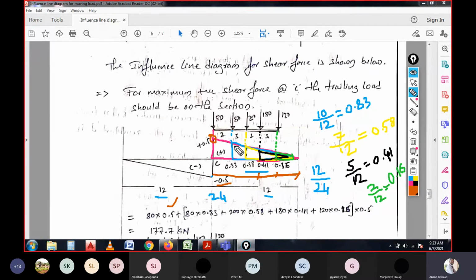Then next 80 into 0.83, and next 200 into 0.58 plus 180, which are all taken positive because these are lying with the positive sign, which is above the beam or above the section. These are the sign conventions we had discussed. And 180 into 0.41, and then 120 into 0.16.